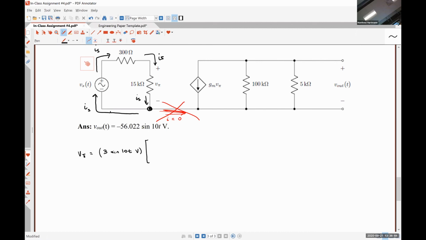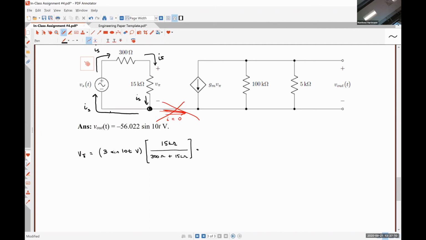So in the numerator, I want the resistance that the voltage drop I'm interested in is occurring over, which in this case is the 15 kilo ohm resistor. And then I'm going to divide that by the total series resistance seen by the source, which is 300 ohms plus 15 kilo ohms.